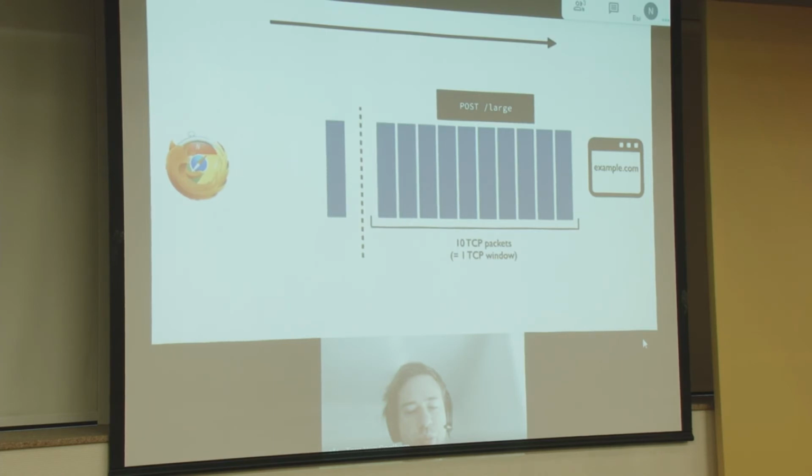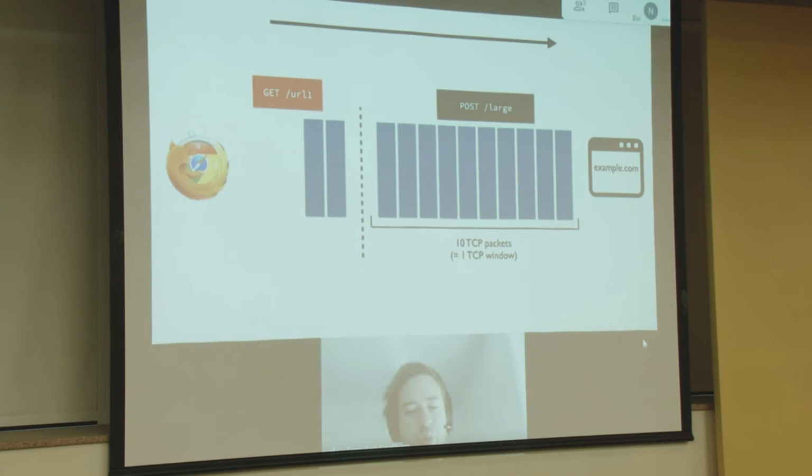This window is typically 10 TCP packets, and all the rest that comes after it needs to wait. So it will be queued. But at the same time, the browser or the attacker can still send requests.